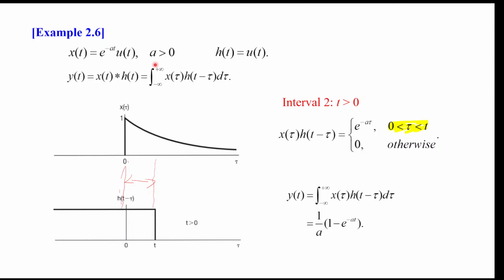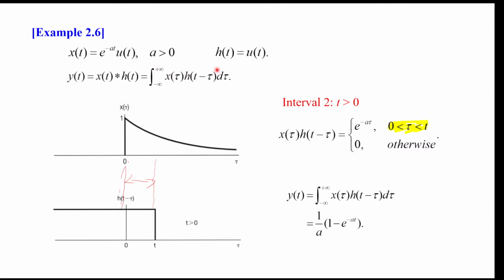So we integrate e to the minus a tau for tau from 0 to t, and the result is 1 over a times 1 minus e to the minus a t.